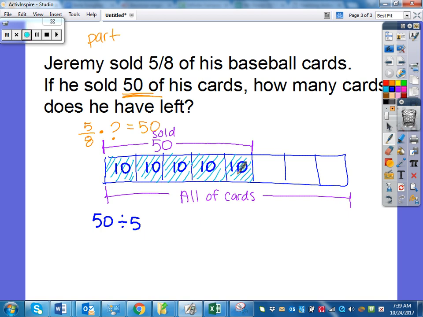Now, I need to figure out how many cards does he have left. I'm first going to figure out how many cards did he start with. He started with 80 cards because I did 10 times 8.